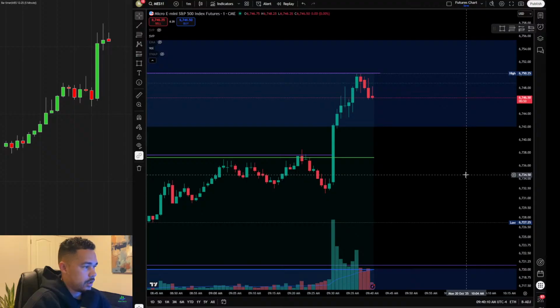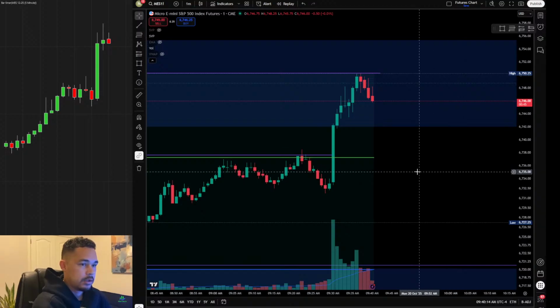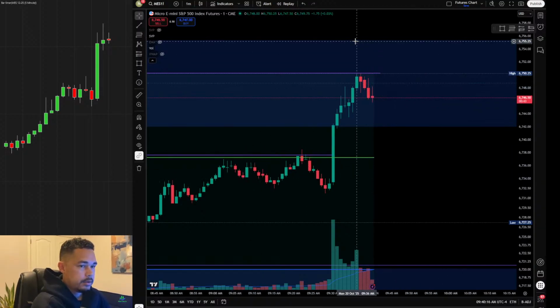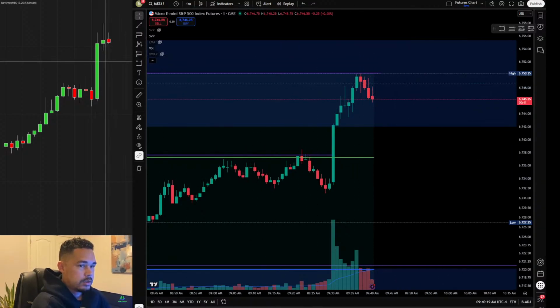Still trading inside the high resistance level at the 67.46 area. And I do see on NinjaTrader that we did have some rejection on this 9:45 candle.